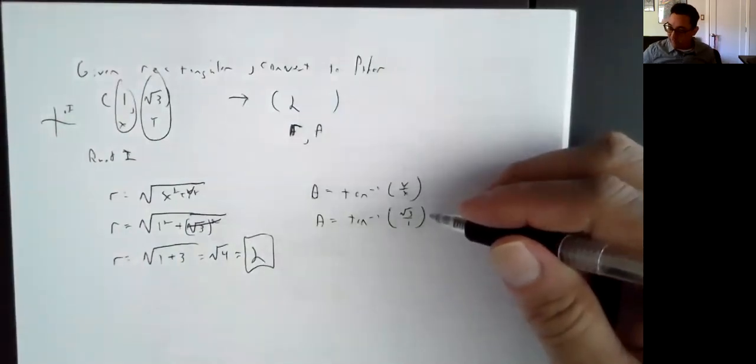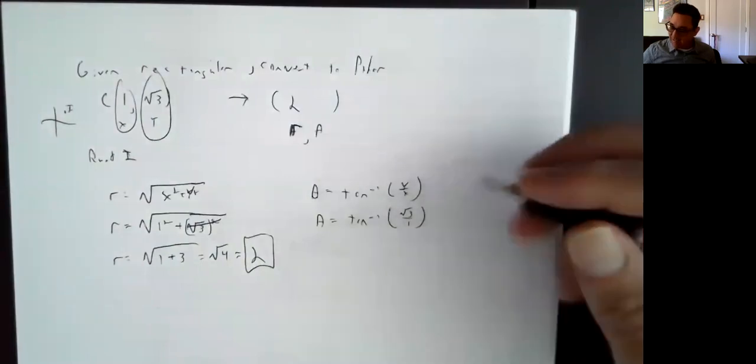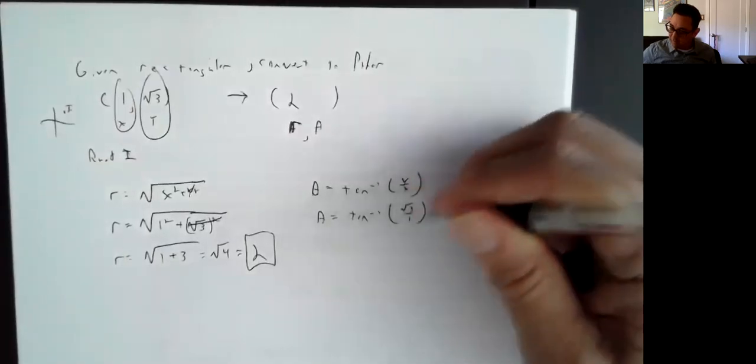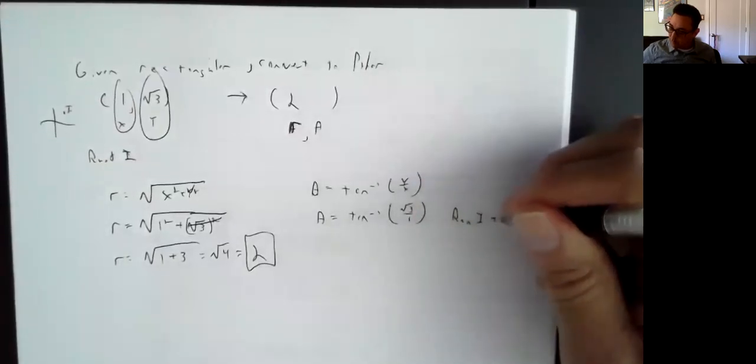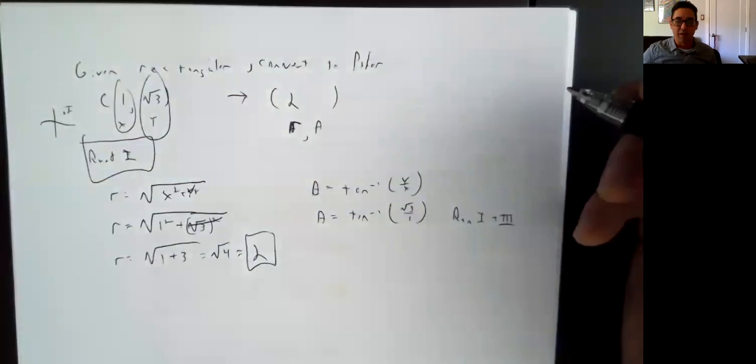Now, if you really think about this, there are technically two places this could happen, because tangent is positive in the first quadrant and in the third quadrant. Tangent is positive because this is a positive number. It's positive in quadrants 1 and 3. But remember, that's why I checked up here. The angle I want is in quadrant 1.